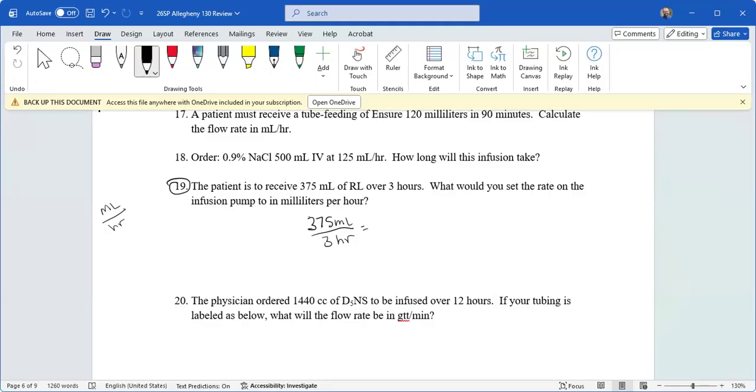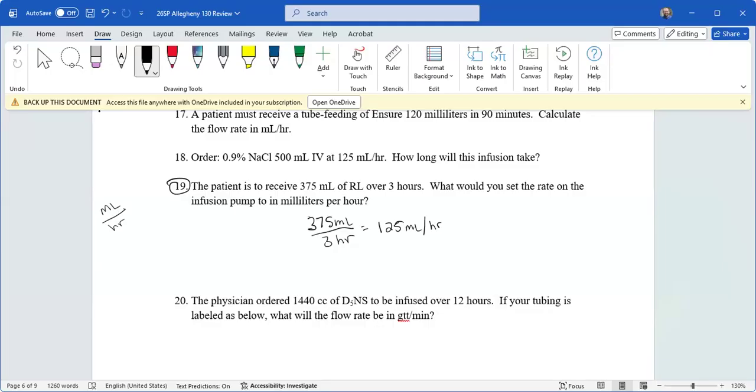I can just reduce 375 over 3, and then your answer is 125 milliliters per hour. It is that easy. It's not supposed to be any more difficult than that. It just seems like it should be more challenging, but that's what that is.